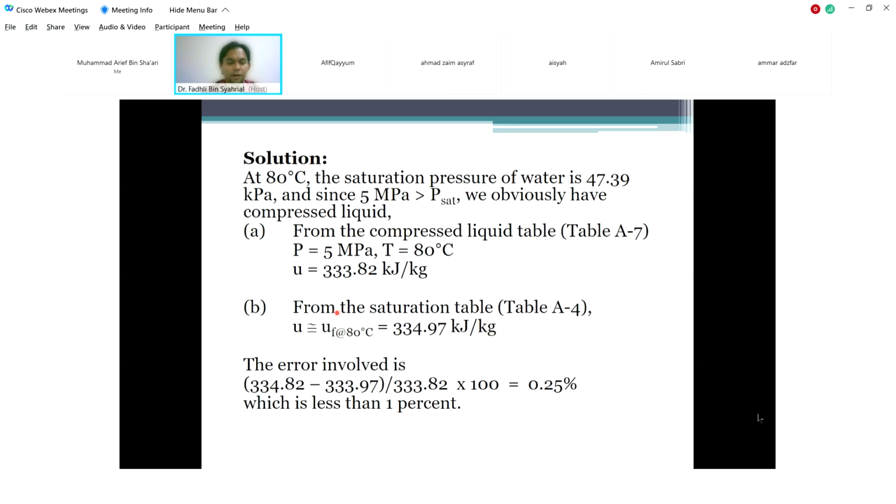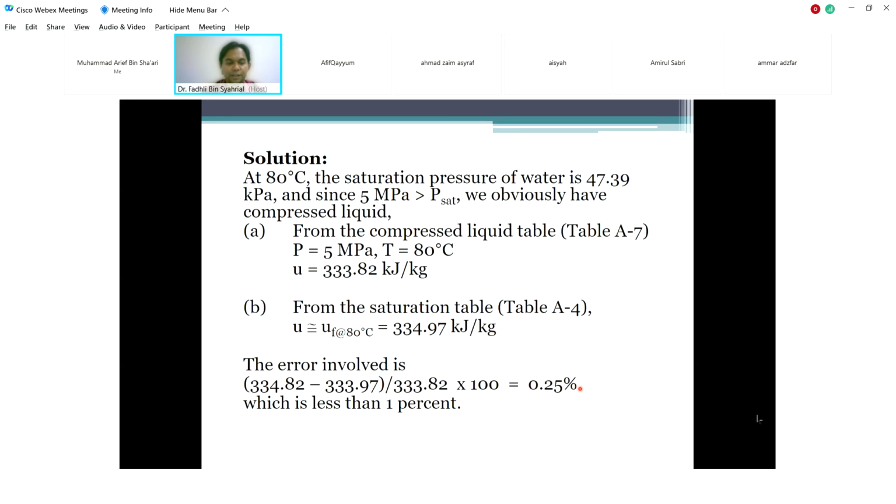From both values, find the error. This is how we find the error: 334.97 minus 333.82 divided by 333.82 times 100. So the error is 0.25%, which is very, very low, less than 1%.